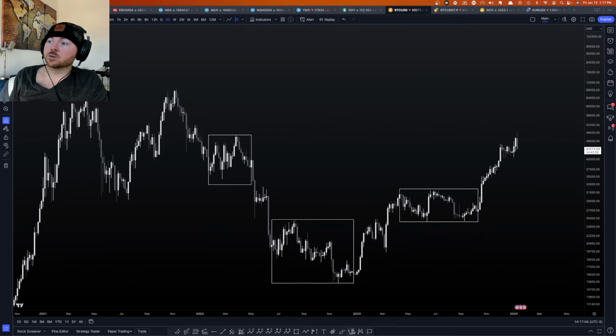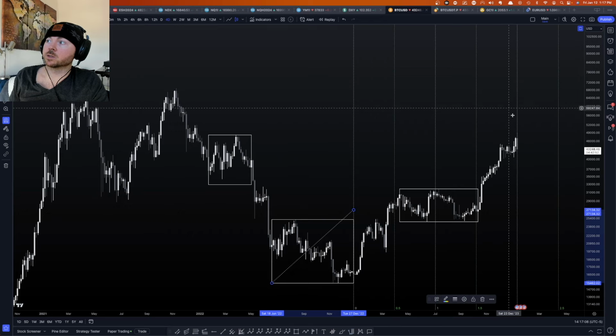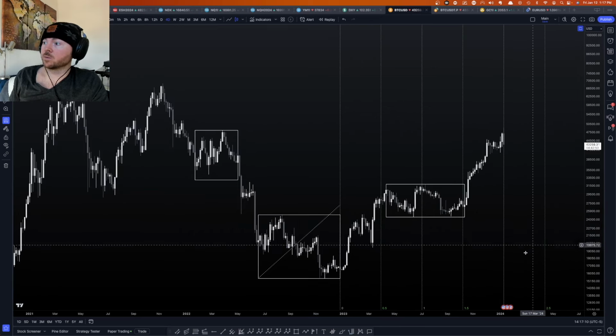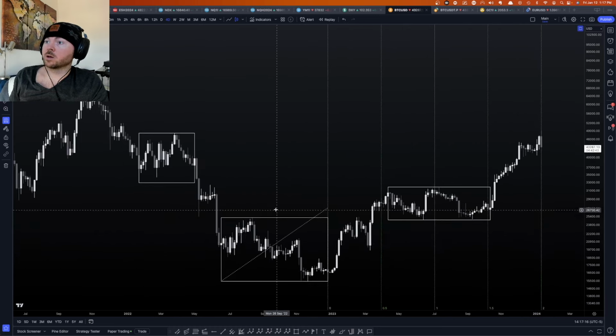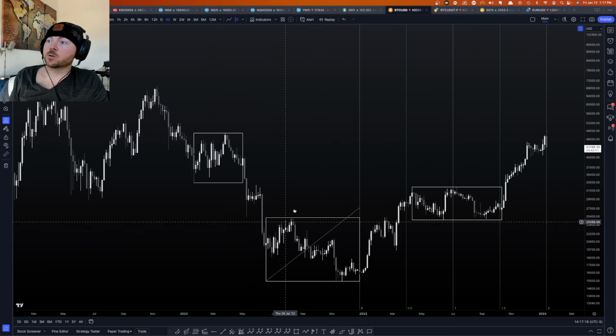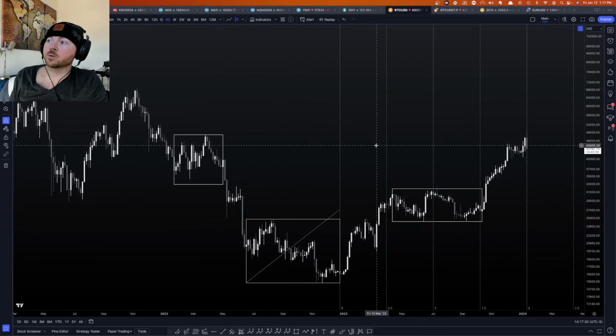So just an interesting little thing here is if you do a trend-based time here, if we want to think of this as an accumulation range, this first leg up did more or less around the 0.5.